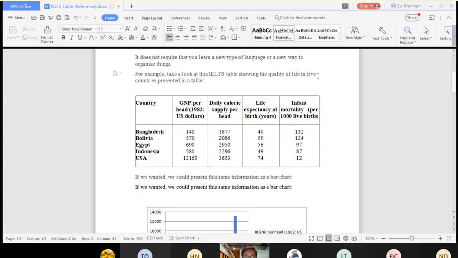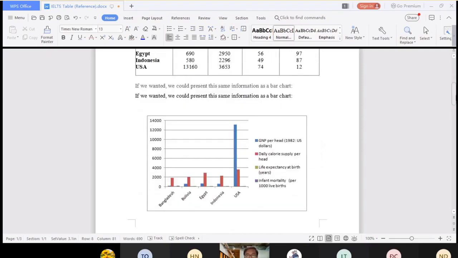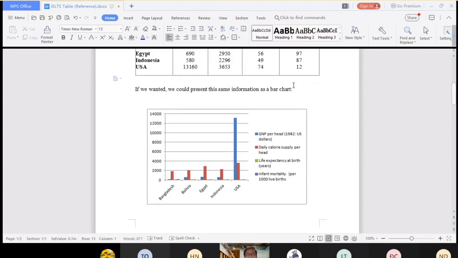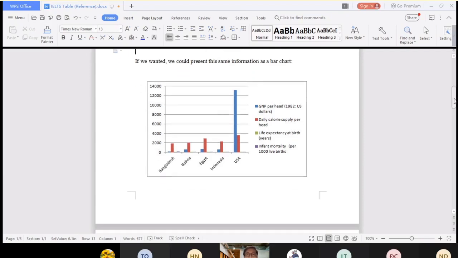Okay, so if we wanted, we could present this same information as a bar chart. As I have told you already, a table is just another way of presenting data. The data can be presented through a bar chart or a pie chart, even a pie chart.